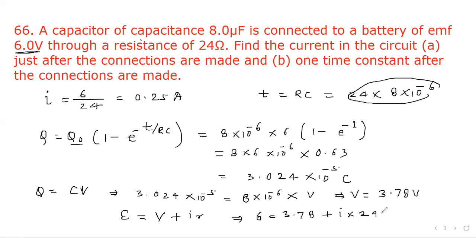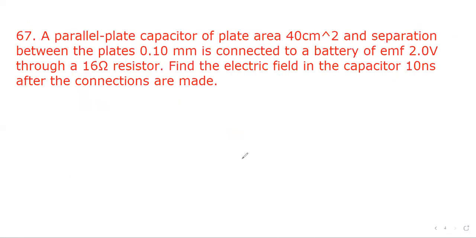Resistance is 24. So here our concern is to get I. So 6 minus 3.78 divided by 24. If we evaluate it, we will get 0.0925 ampere. Now let's go to the next question.